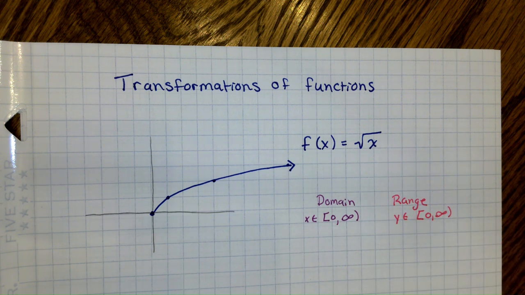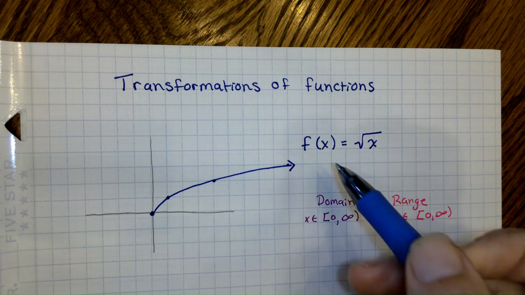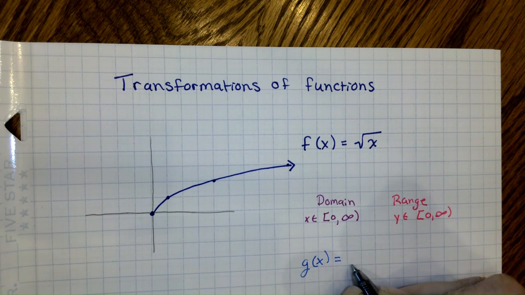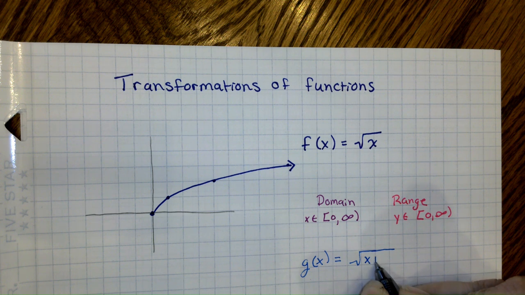So what's going to happen if I adjust the equation? That one I called f, so I'm going to call a new one. I'm going to call it g. What's going to happen if I take g of x and I put a plus 5 in here?